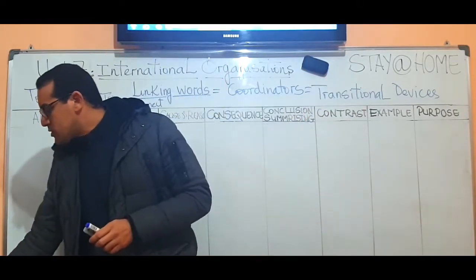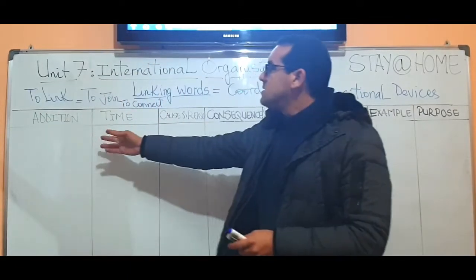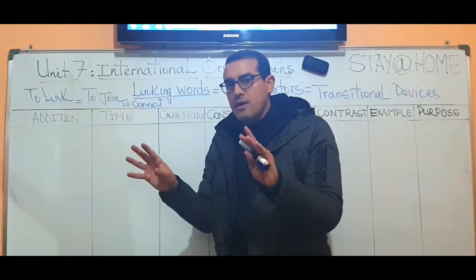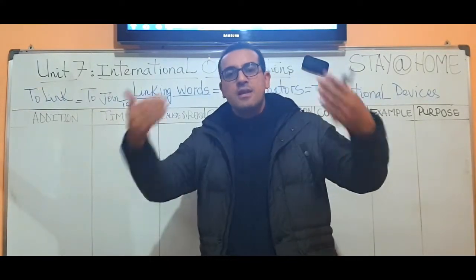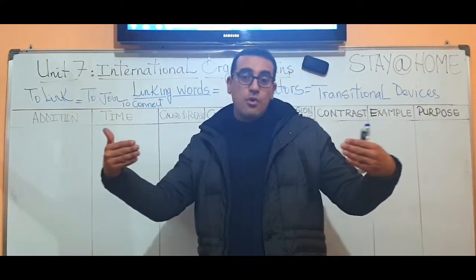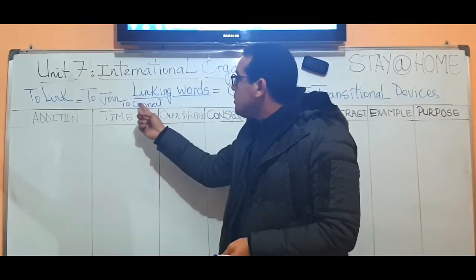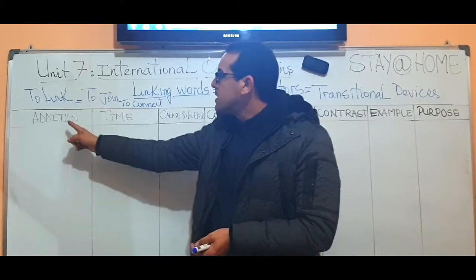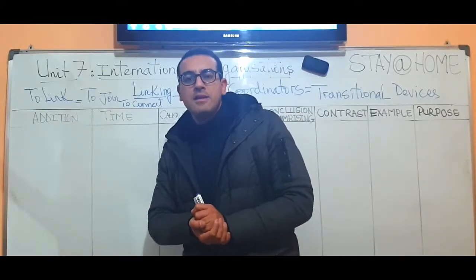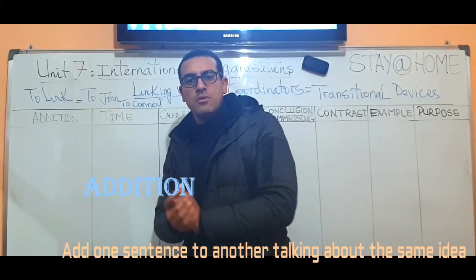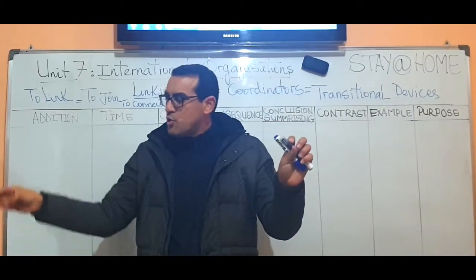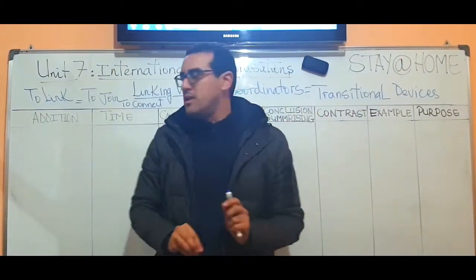Here we're going to find some logical relationships that may be the reason to connect or join or link two sentences. For example, we have addition. We have one sentence and we want to add this sentence to another.